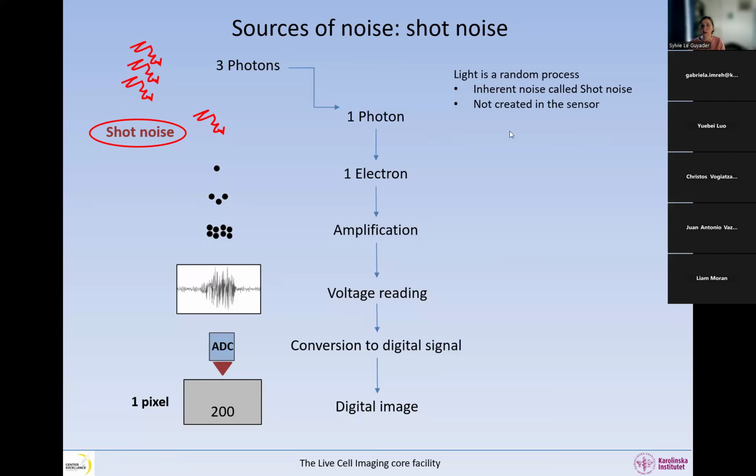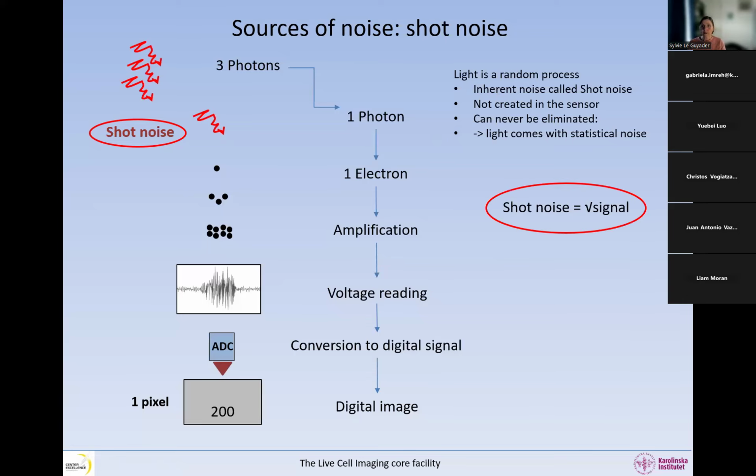Shot noise is not created by the sensor, but it can never be eliminated. As soon as we detect one photon, we will have some shot noise, because of the statistical noise that comes from light.